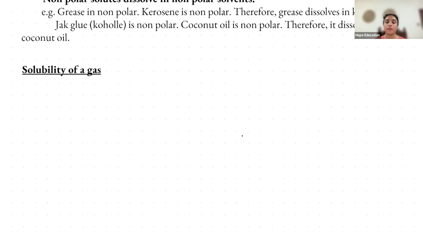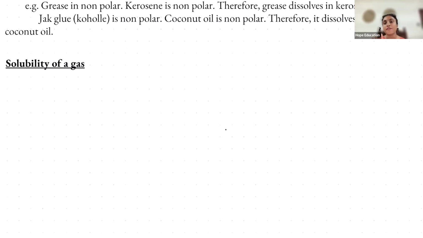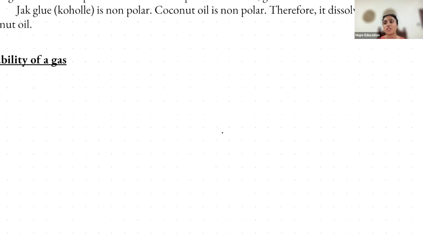Let's say you bought a fizzy drink from a store. Fizzy drinks can be, for example, Coke or Sprite, Pepsi, cream soda, Necto, EGB, whatever.